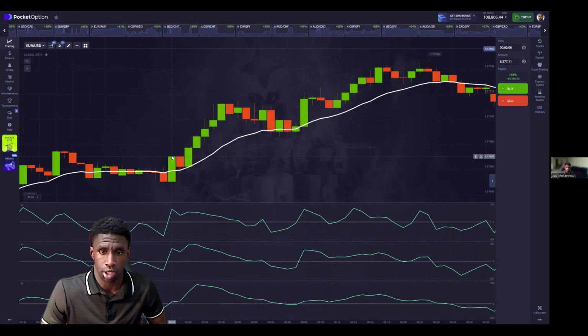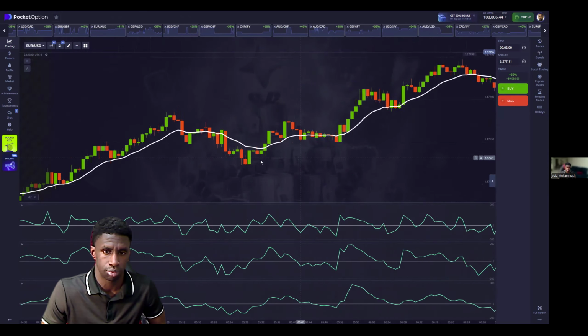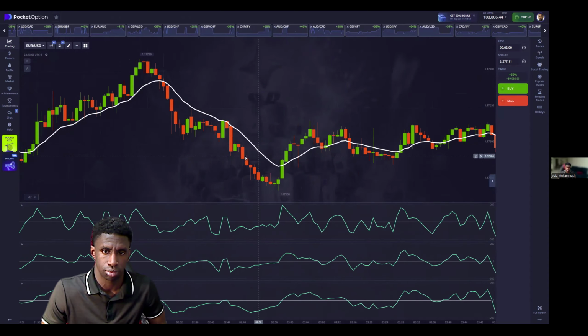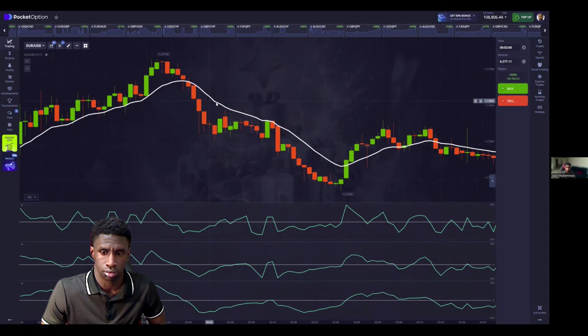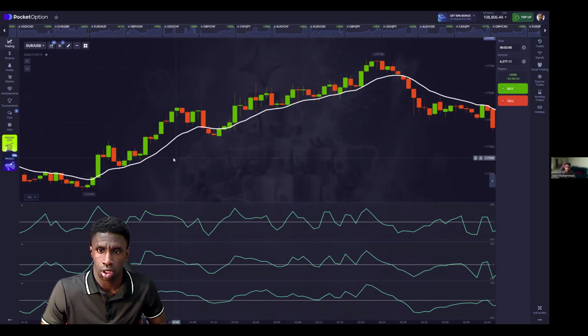And you will get it for the buy right here. And this is a retracement. You'll get in for the sell right here for 3 minutes.